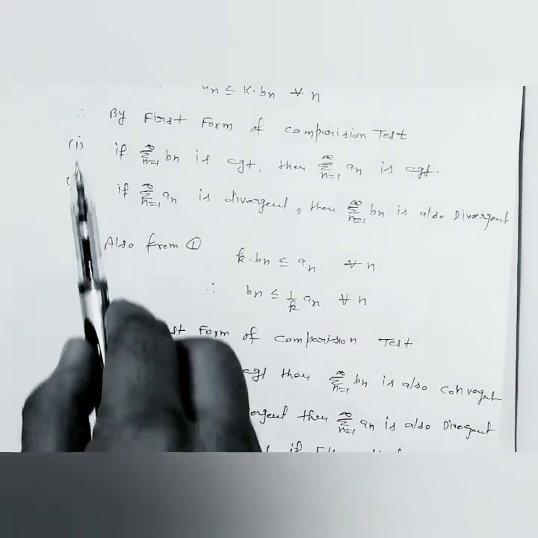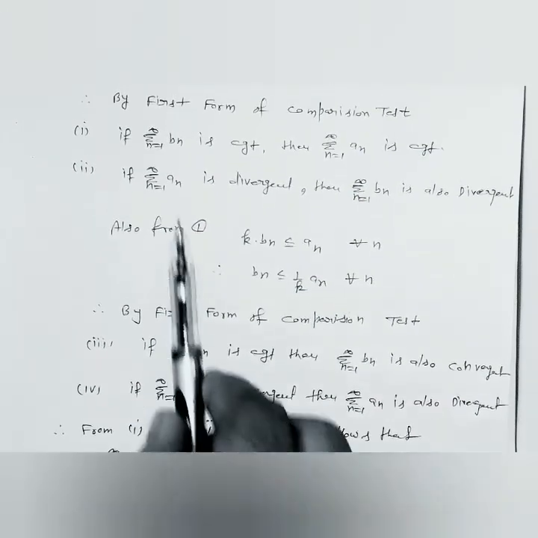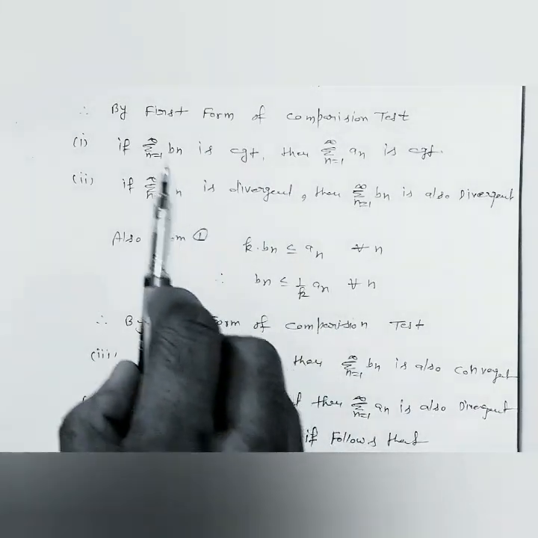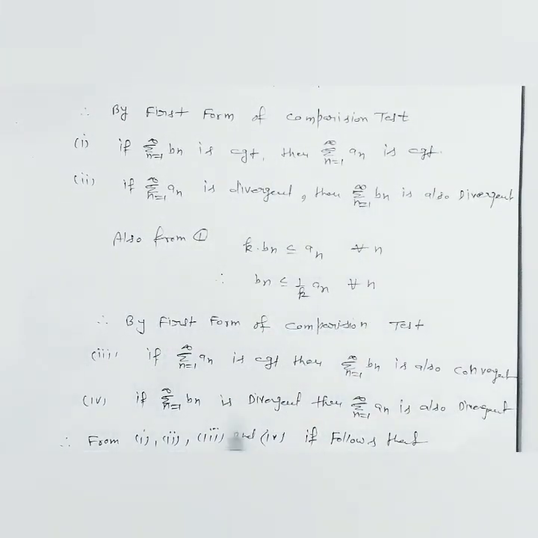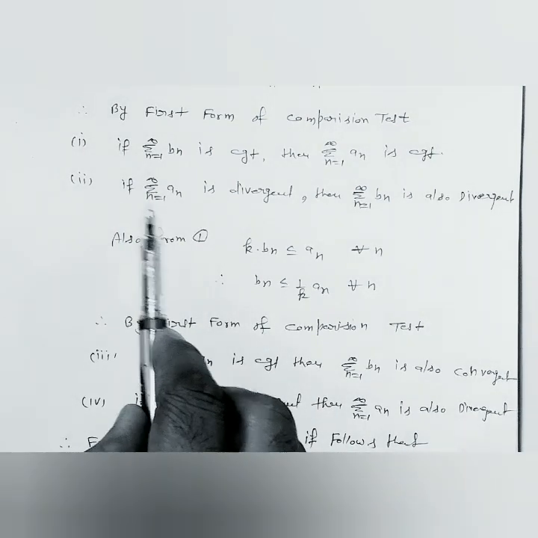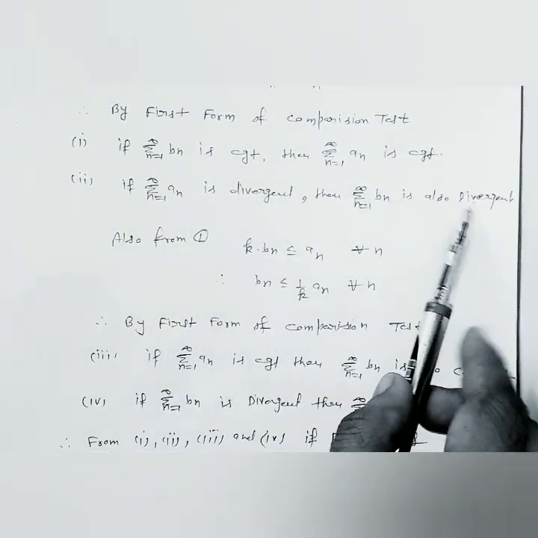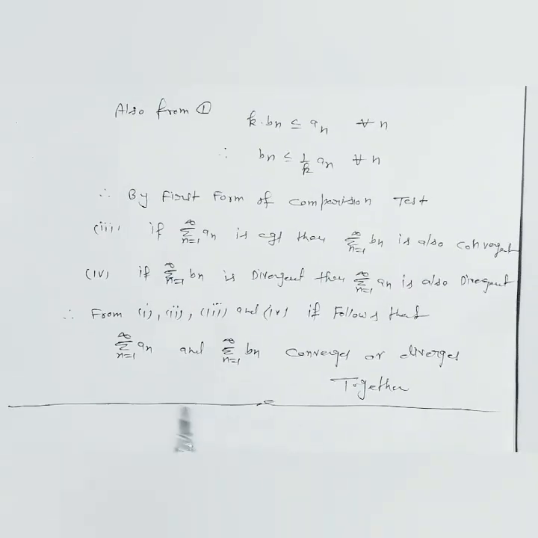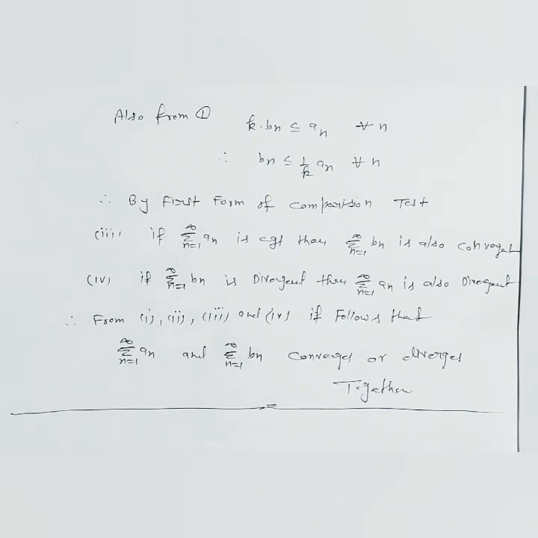So now combining part 1, part 2, part 3 and part 4, if we take part 1 and part 4: if series bn is convergent, an is convergent; bn is divergent, an is divergent. Similarly, in parts 2 and 3 we see that if series an is divergent, bn is divergent; an is convergent, bn is convergent. Therefore the series an and bn converge and diverge together.